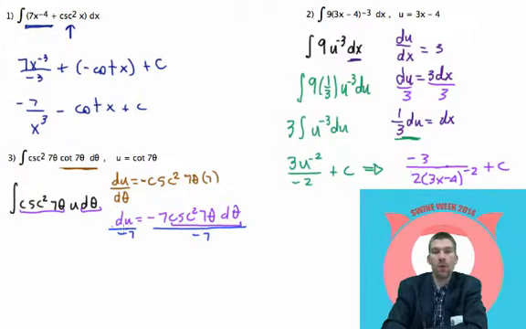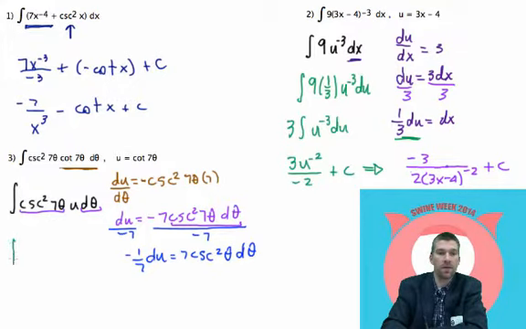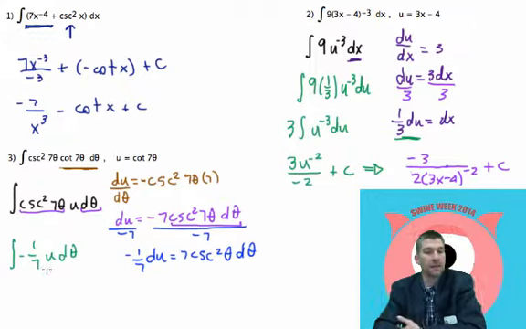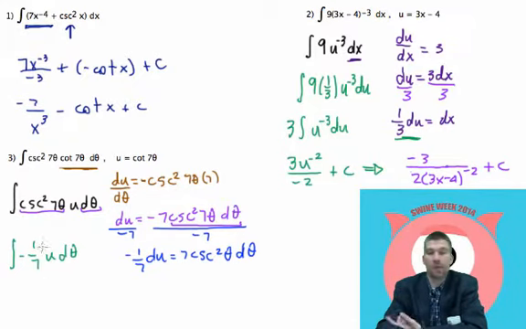Okay, and when I do that, that's my equality. Negative 1/7 du is equal to cosecant squared 7 theta d theta. I am now ready to integrate, and when I do that, I'm working with the integral of negative 1/7 times u times d theta. And this integral comes out really, really easy.